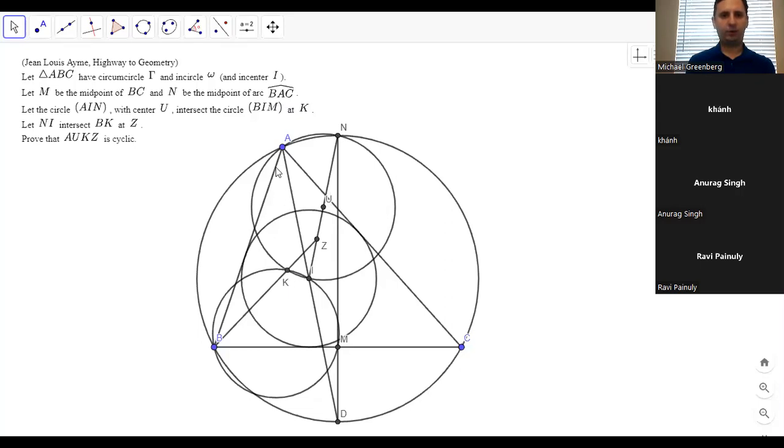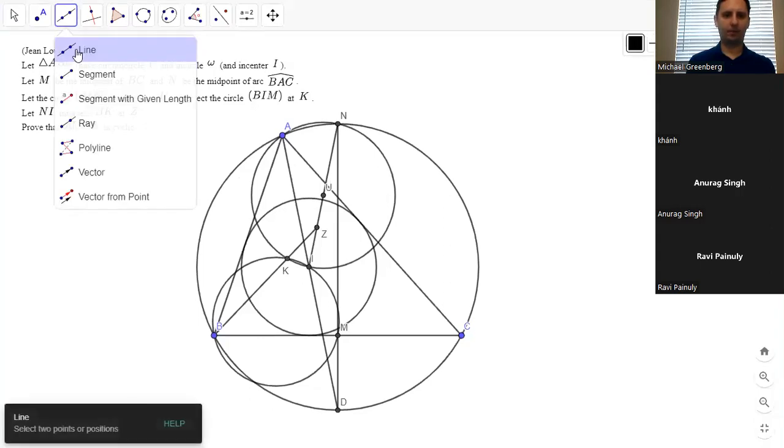So basically we want to show AI bisects angle KAU, I think. No, is that right? I don't think so. I think I messed up somewhere. We want to show KUZ is KAZ. But KUZ is KUI, which is, so I think we want to show AI bisects KAZ. Yeah, that's what we want to show.